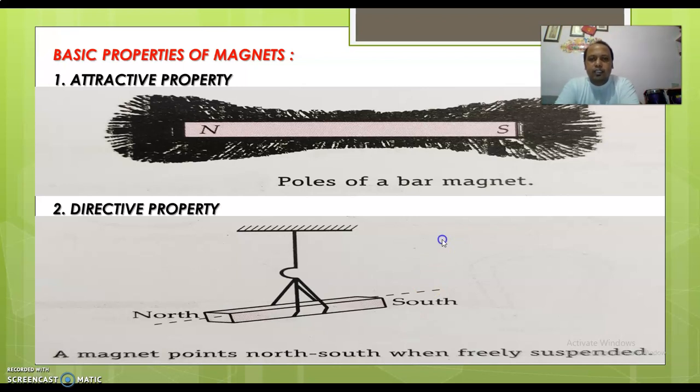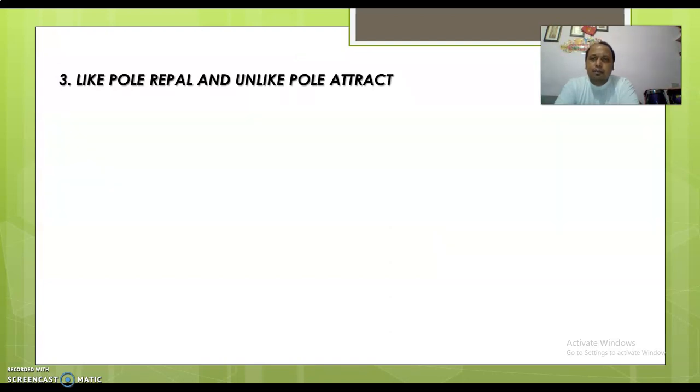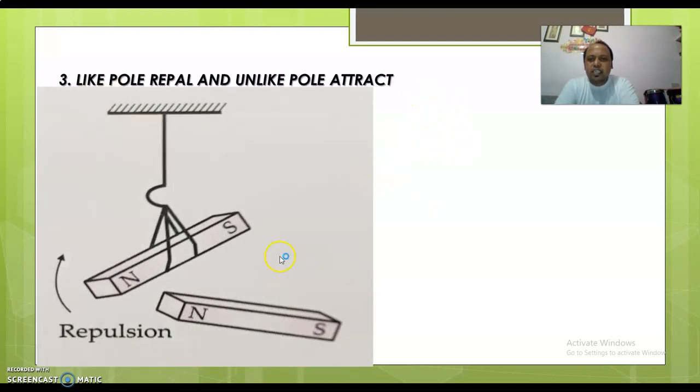Next, the third one is that like poles repel, whereas unlike poles attract each other. That we always know. We'll see the diagram here. You can see here the north and north, if they are brought together, they repel each other. So when there are like poles, they repel each other, as in the case of charges, where like charges repel each other.